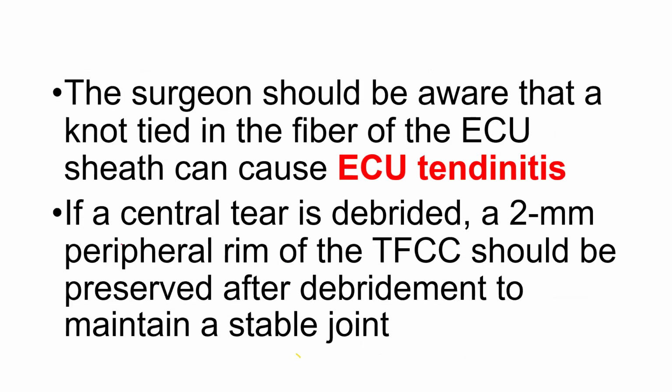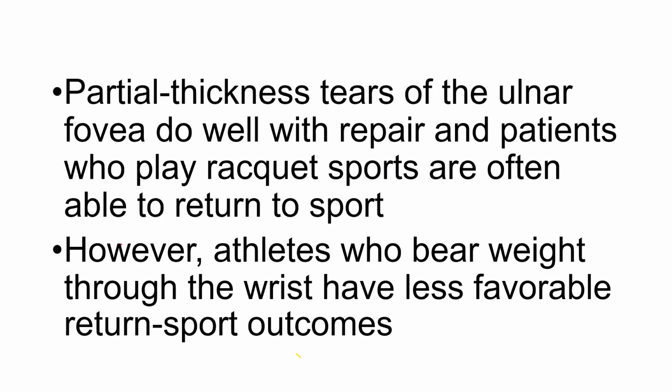The surgeons should be aware that a knot tied in the fiber of an extensor carpi ulnaris sheath can cause extensor carpi ulnaris tendinitis. If a central tear is debrided, a 2 mm peripheral rim of the triangular fibrocartilage should be preserved after debridement to maintain a stable joint.